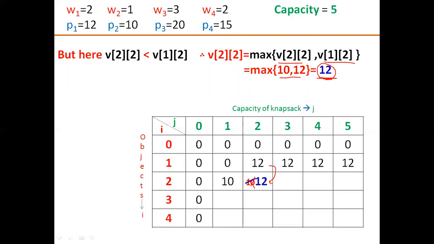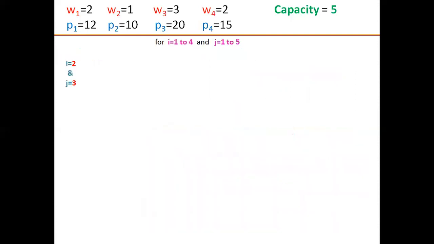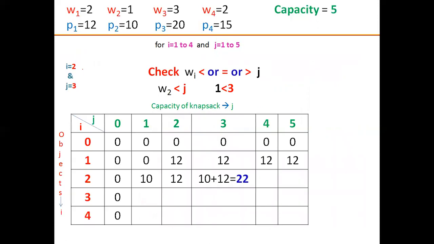In the same way, to fill the next field, take W2 at capacity 3. W2 is 1, capacity is 3, so 1 is less than 3. I can add that object. By adding that object, I will earn the profit for object W2, which is 10.